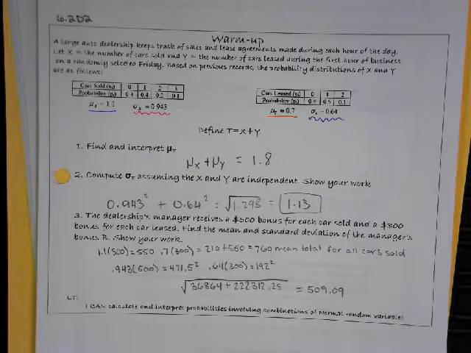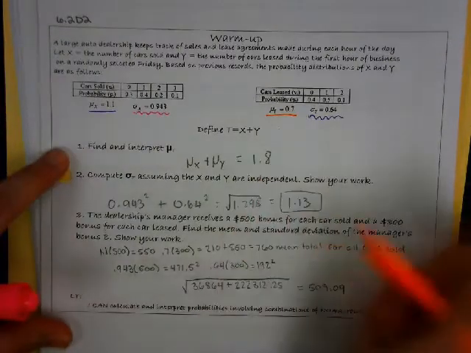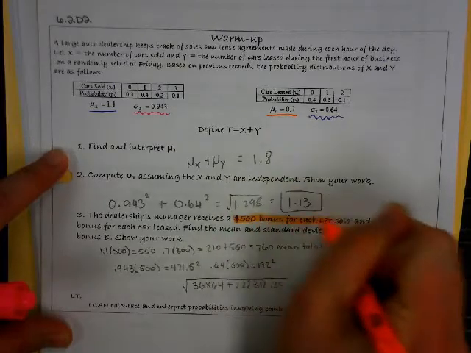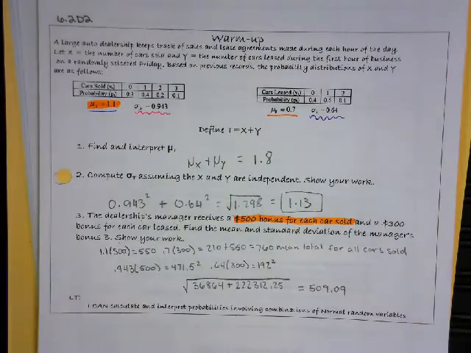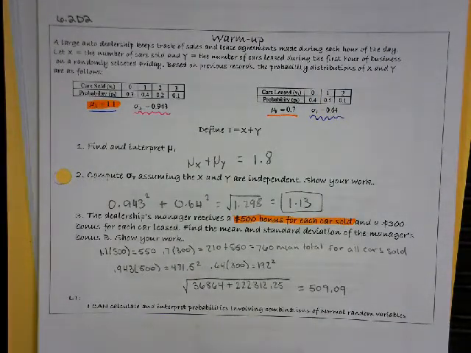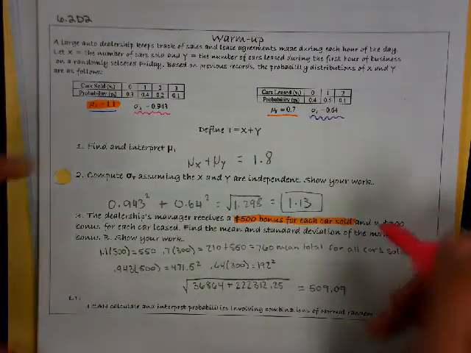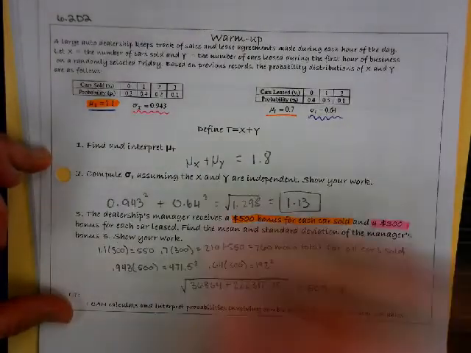All right, so on number 3, the dealer gets a bonus $500 for every car sold. So what Anna did was she took the mean number of cars sold, multiplied it by 500, and then you get a $300 bonus for each car leased.